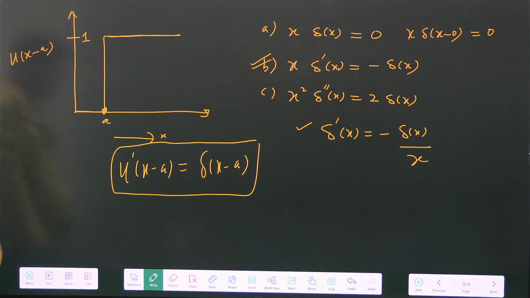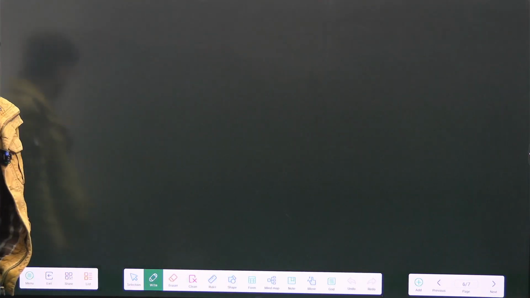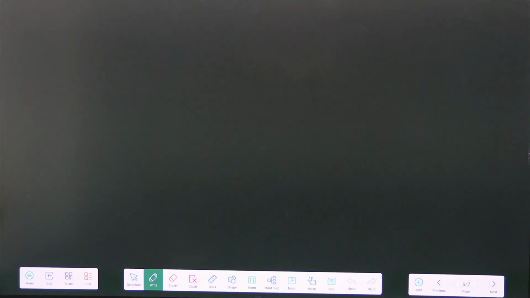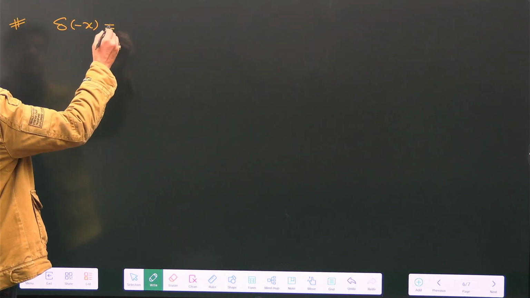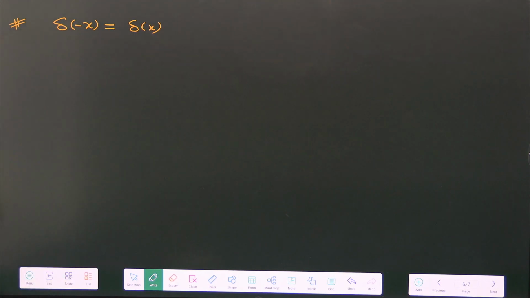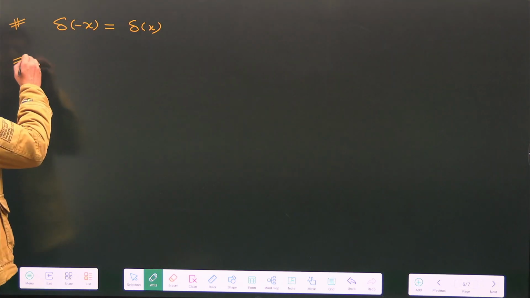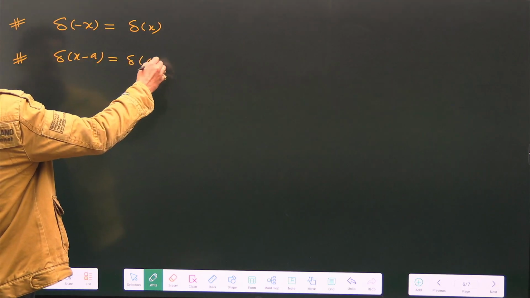Now there are some more properties. First one is, delta function is an even function. So delta of minus x is delta of x. Delta function is even function about origin. And delta of x minus a and delta of a minus x both are same.